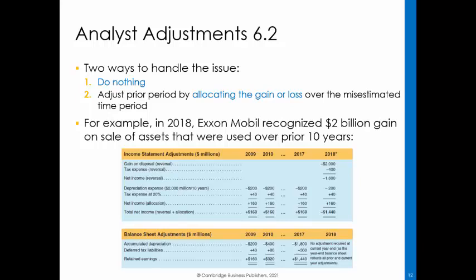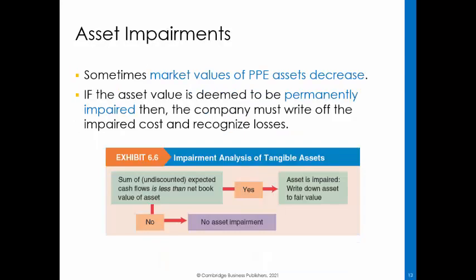An important point is that we would only adjust prior year statements to the extent that we use them for analysis and forecasting purposes. Also, the accounting relation that assets equal liabilities plus equity is always maintained in the balance sheet. Tangible assets are reported at their net book values.